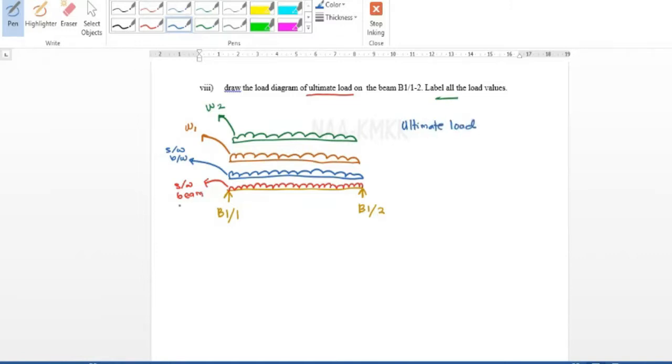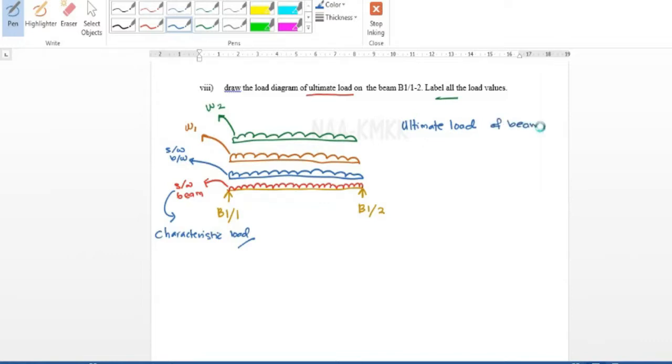We start from the beam. Self-weight is a characteristic load. So now we want the ultimate load, and we have to multiply it with the safety factor.